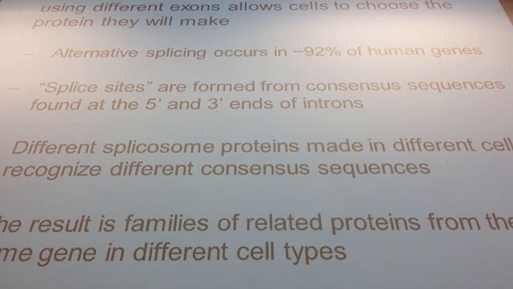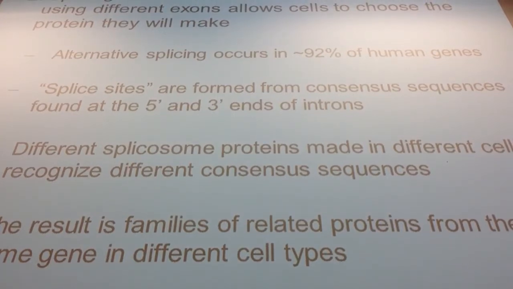Yes, sir? Why wouldn't constitutive splicing happen more than alternative splicing? It's happening all the time. That's just evolution. That's how we develop. And like I just said, alternative RNA splicing is a means for us to have variability and a means for us to be more complex. So why?